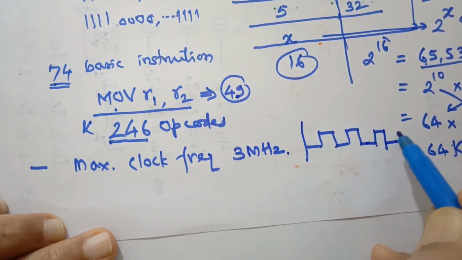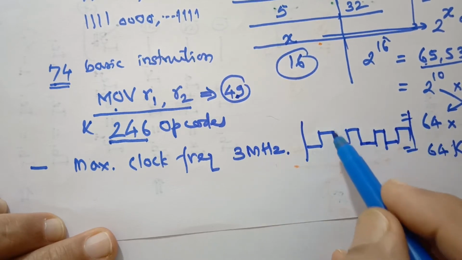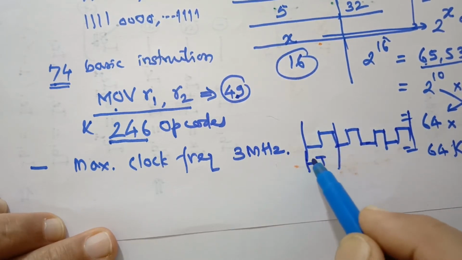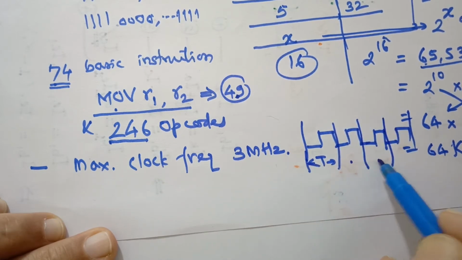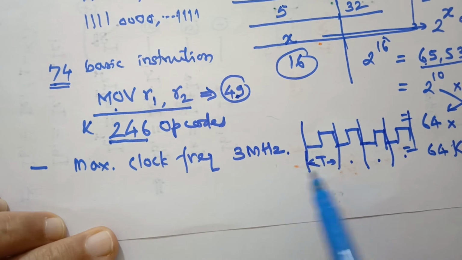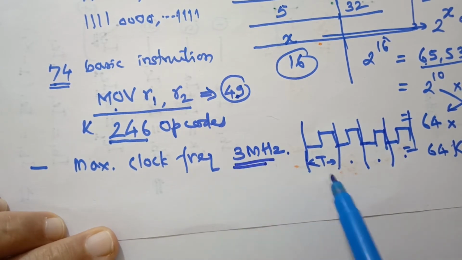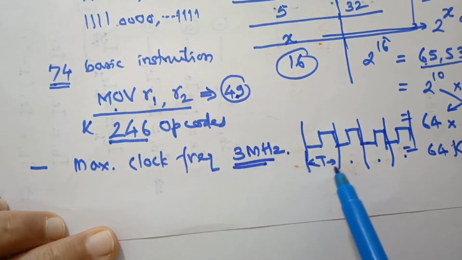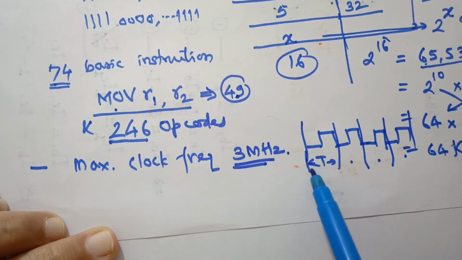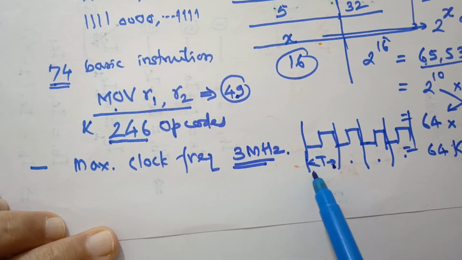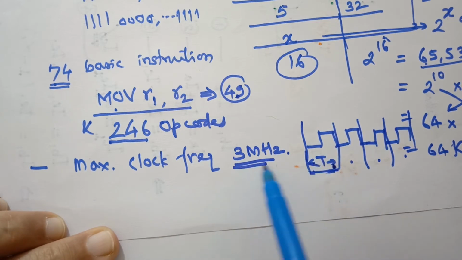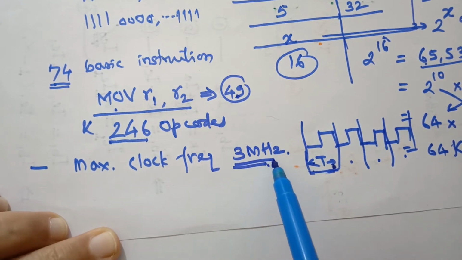It has an internal square wave oscillator. Each time period, each cycle, we call a T: 1T, 2T, 3T, 4T, and so on. So 3 megahertz means 3 million states generated in 1 second. That is its speed. Speed is expressed in terms of frequency, 3 megahertz, and this is the maximum value, right?